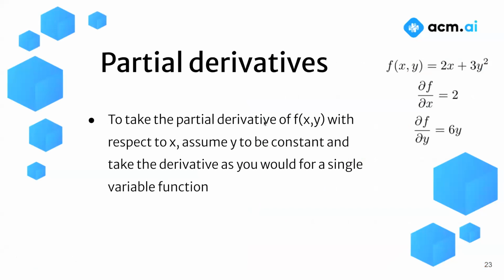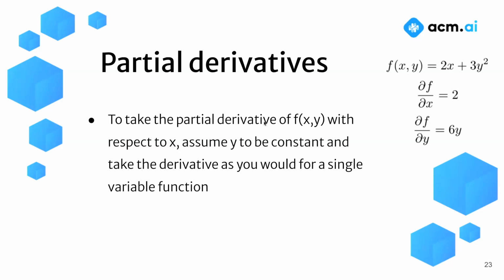Now we will talk about partial derivatives. We know that the derivative is the rate of change of a function, but partial derivatives deal with functions with multiple variables. If we have a function that takes in two inputs, f of x comma y, how do we represent the rate of change of this? We can do that with something called a partial derivative.